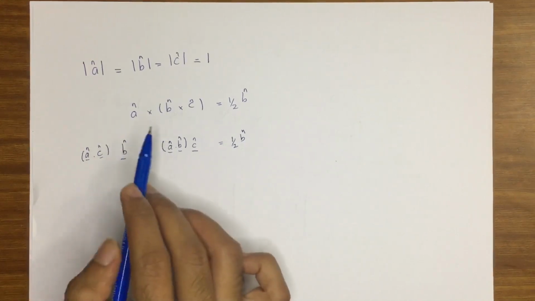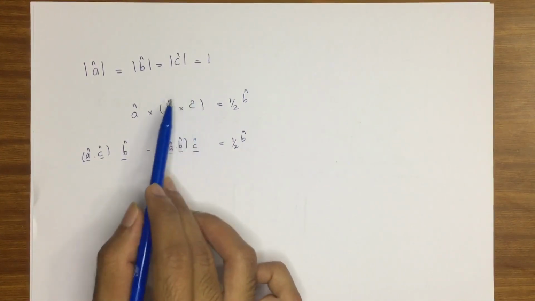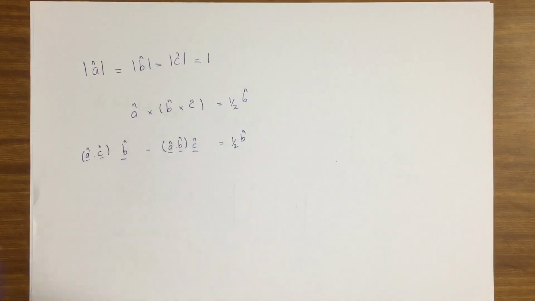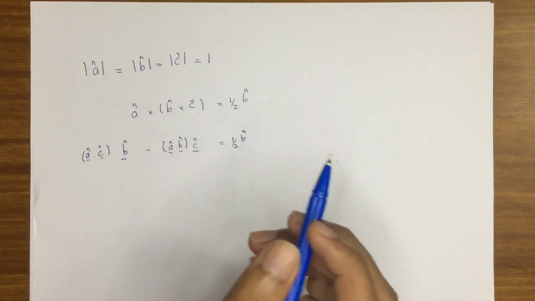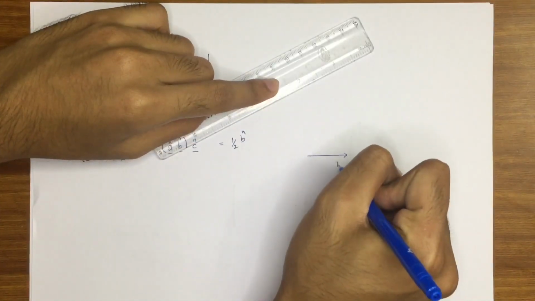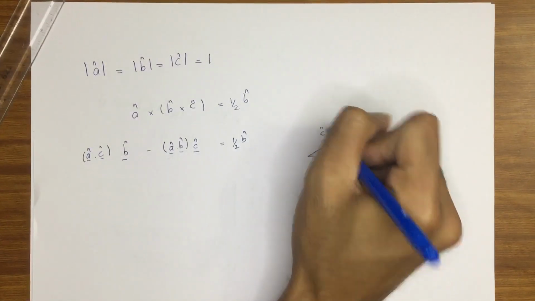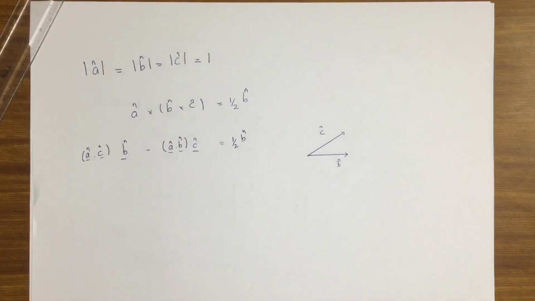Let's see what's happening over here. Over here we are taking the cross product of two vectors, b and c. If I draw it like this, let's say this is the b unit vector, and on this side there's the c unit vector. Actually we don't know the angle, it's okay.